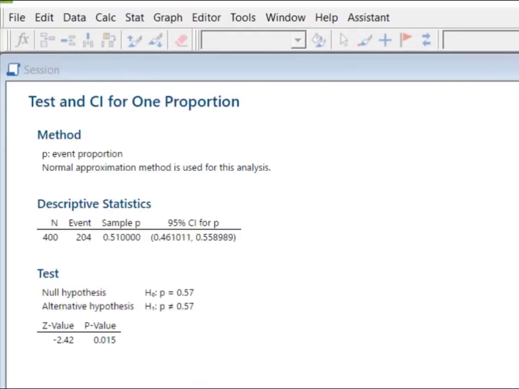Because we're using a confidence interval approach, the information that we need out of Minitab is right here. They've constructed the 95% confidence interval for the proportion. Now if you peek down here at your p-value, you probably already know what your answer is going to be, but we're going to interpret this test based on the confidence interval.